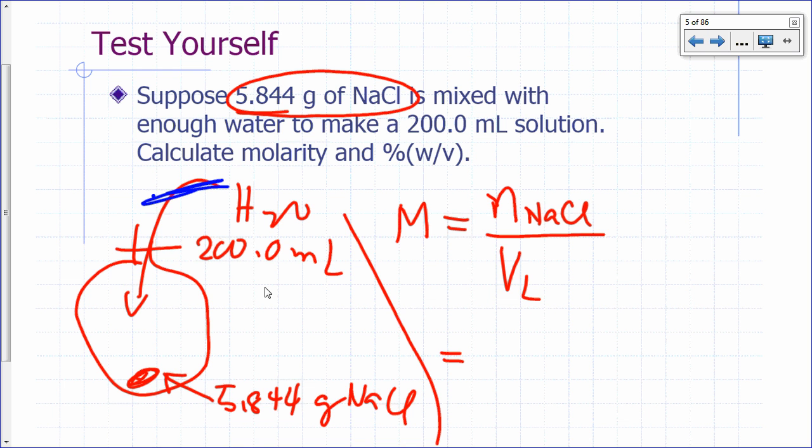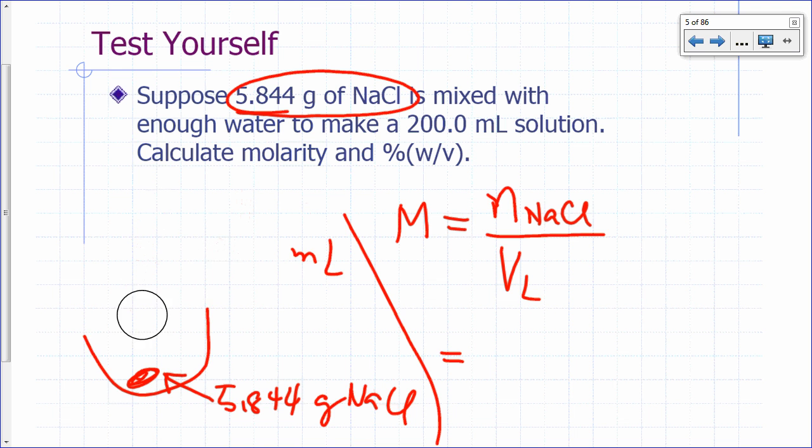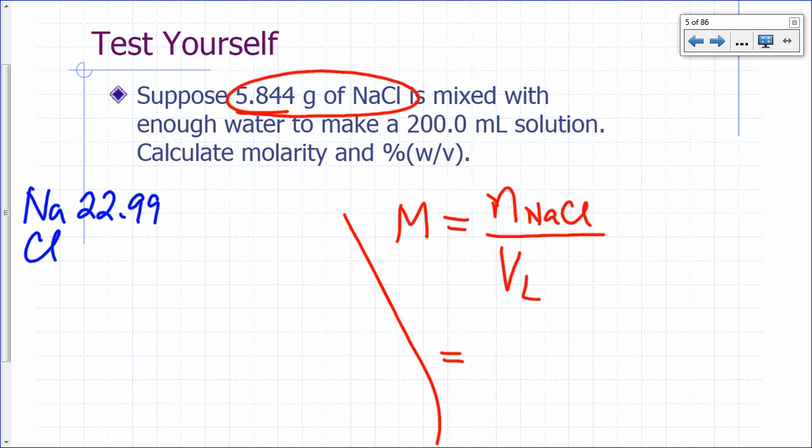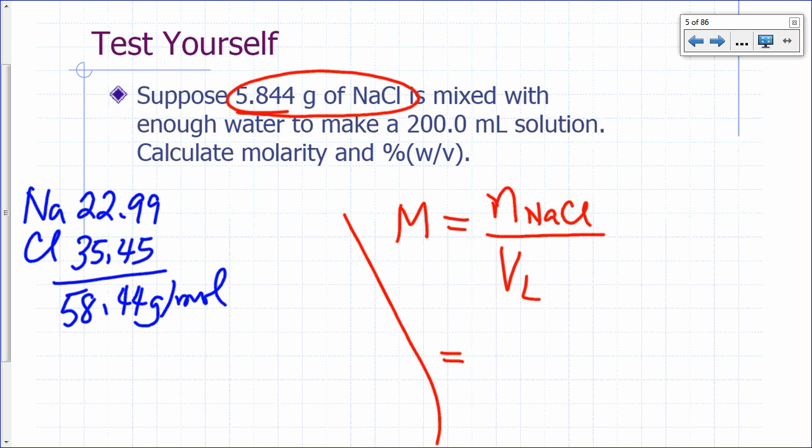What information do you need? Molar mass. Sodium is 22.99 grams per mole, and chlorine is 35.45, so 58.44 grams per mole is the molar mass of sodium chloride.